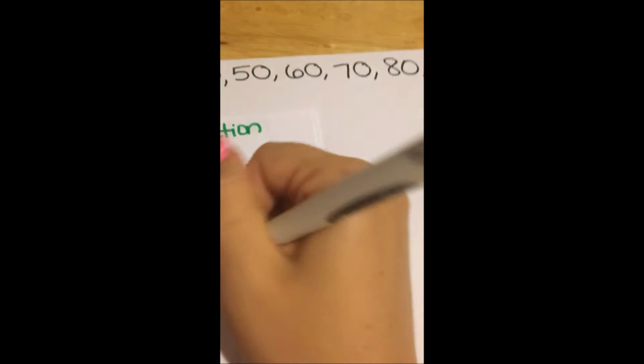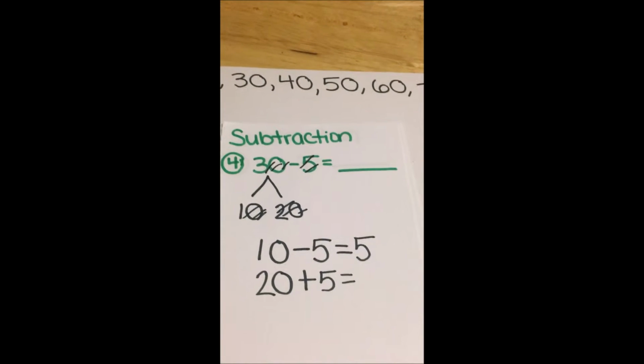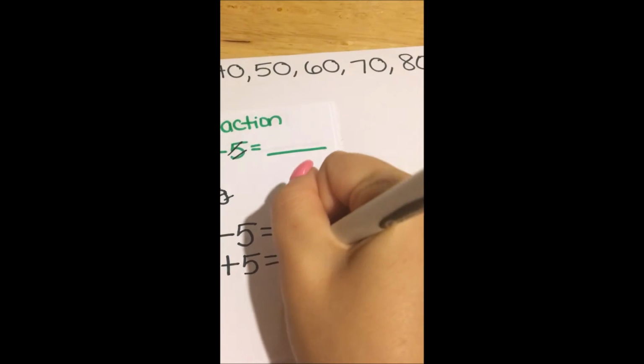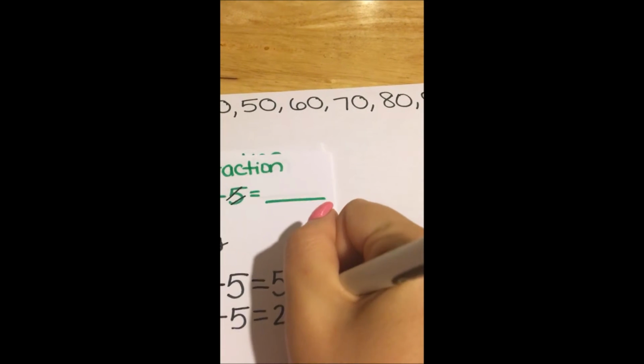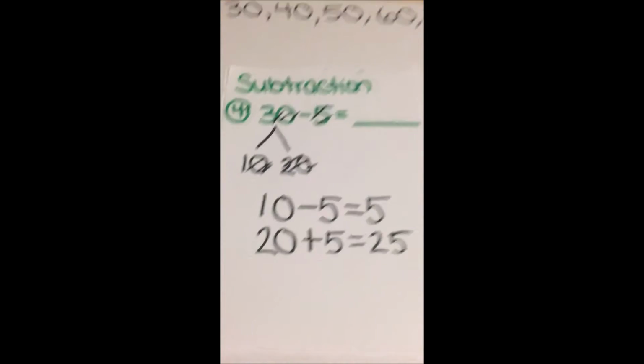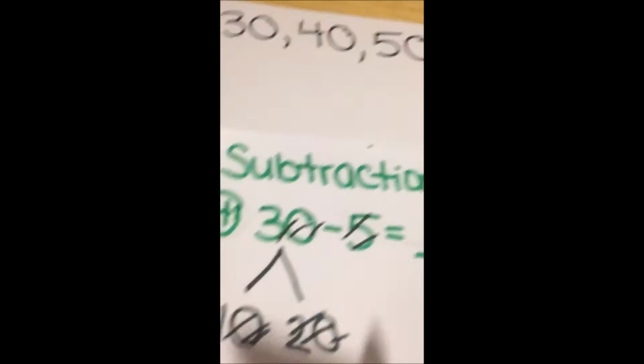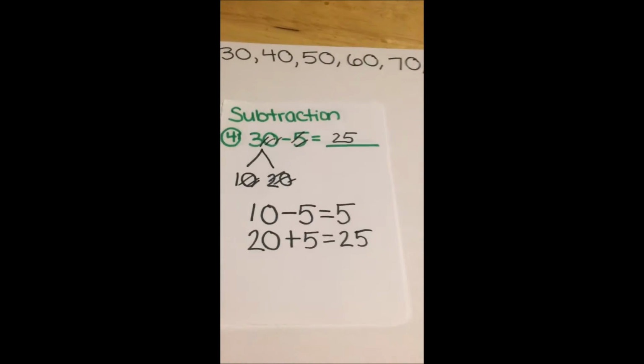So we're going to bring him down. 20 plus 5 equals 25. So if 20 plus 5 equals 25, we can assume that 30 minus 5 equals 25.